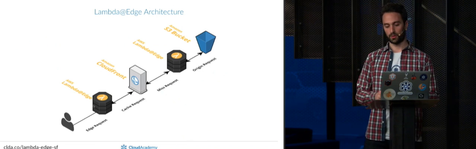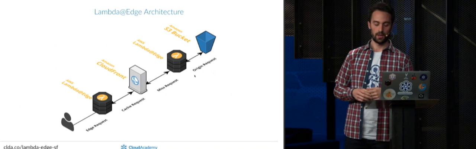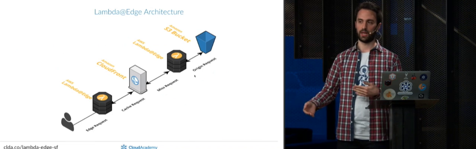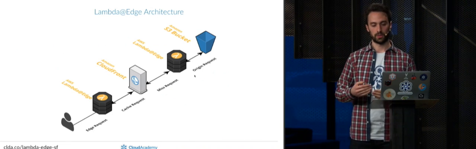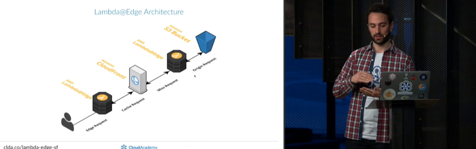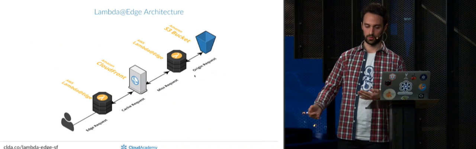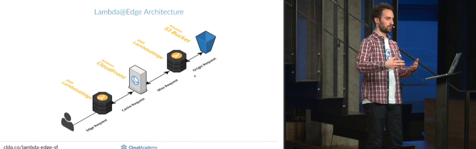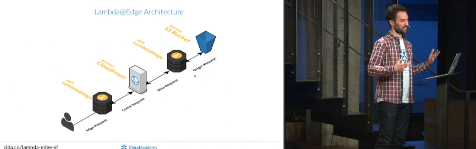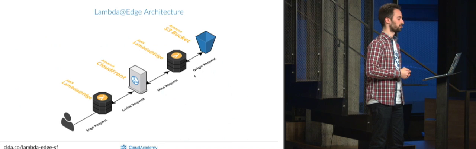And then there are 2 more possible ways to use Lambda Edge after the CloudFront distribution, so between the distribution and the origin. So you can, in a very similar way, execute the Lambda function as soon as a miss request is going from CloudFront towards the origin, so before going all the way to the origin, because Lambda at Edge functions are always executed at the edge.